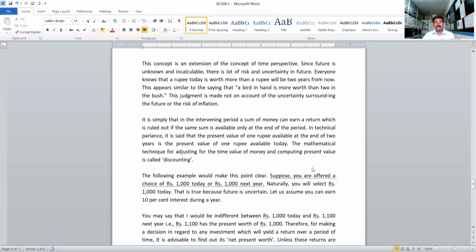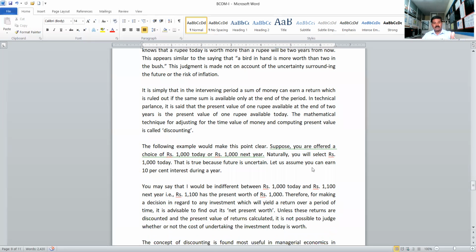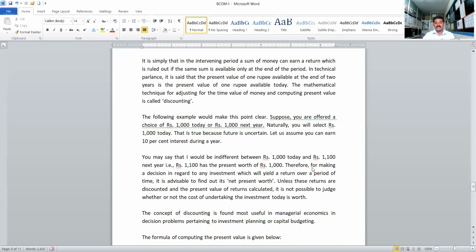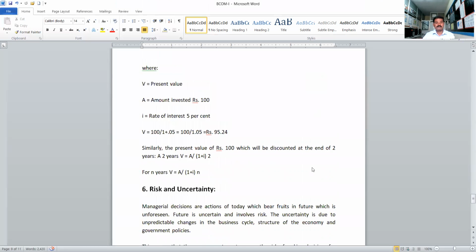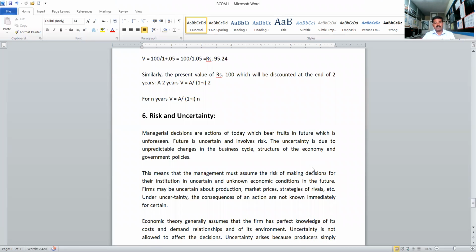The mathematical technique for adjusting for the time value of money and computing present value is called discounting. So we are giving the best examples in this PPT presentation. And lastly, the last point is risk and uncertainty.